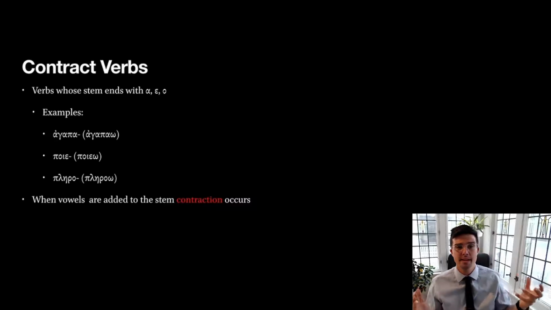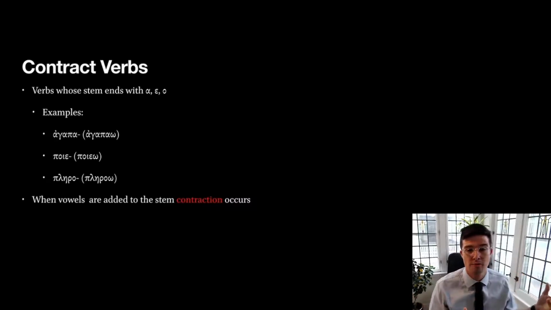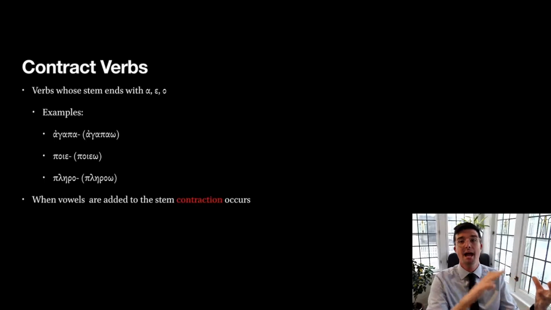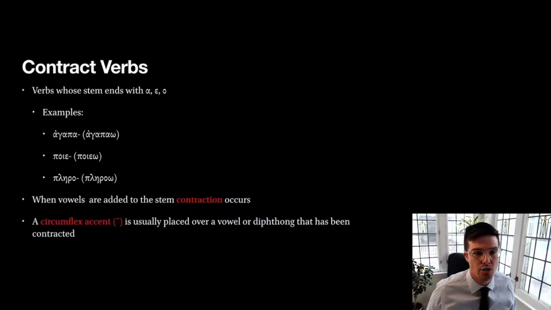The stem ends in one of those three short vowels. And when other vowels are added to these short vowels, something called contraction occurs. This contraction is going to form a variety of different changes to the stem and the ending being added on to the contract verb.